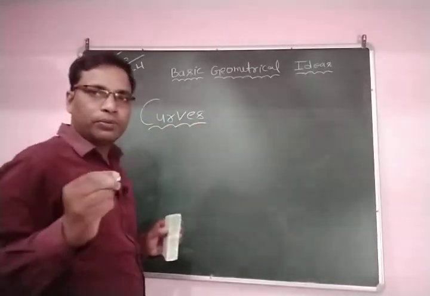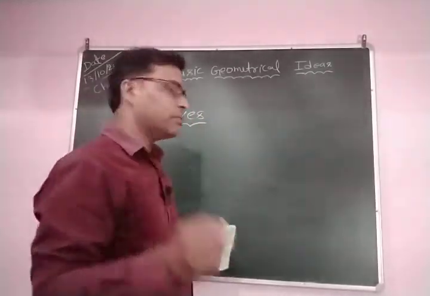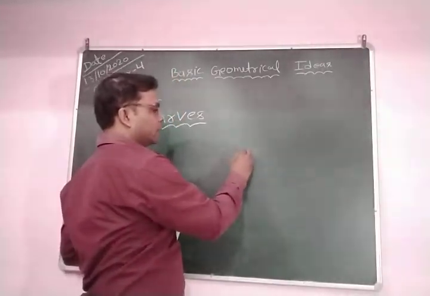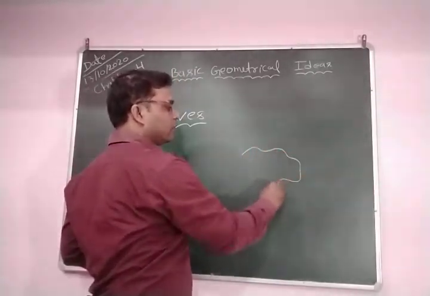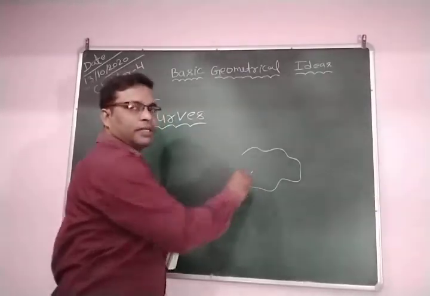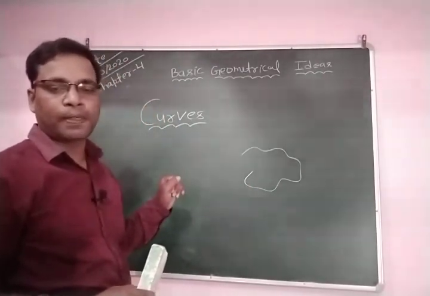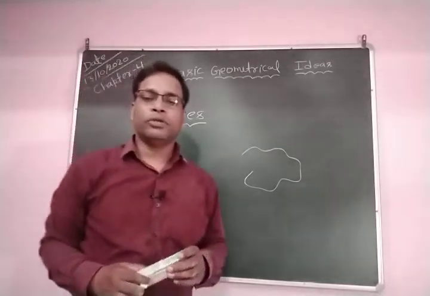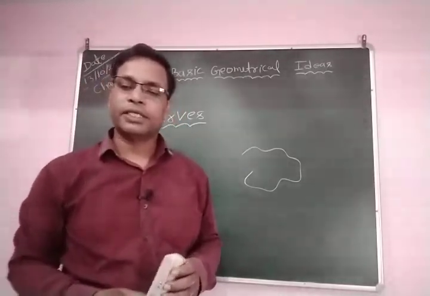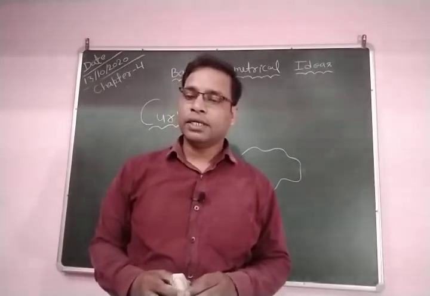Clear? When you put your pencil on the paper and move it in any direction without lifting, then the figure obtained is called a curve. Have you ever taken a piece of paper and just doodled?